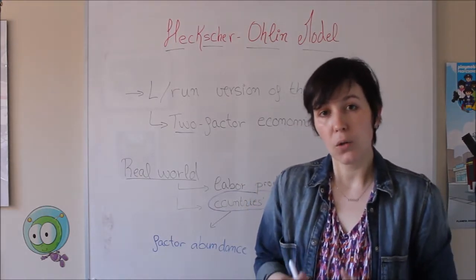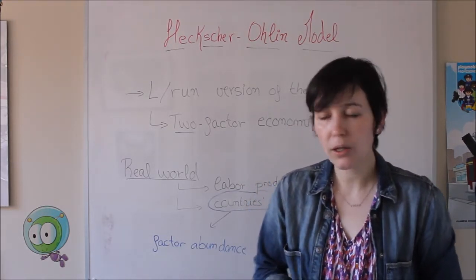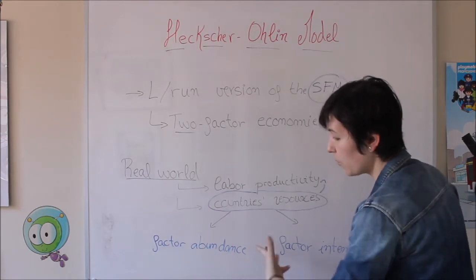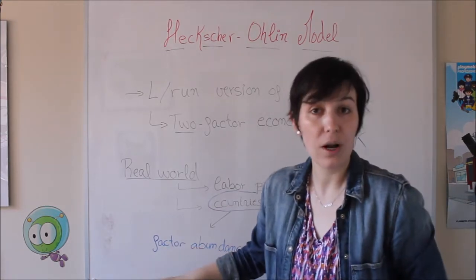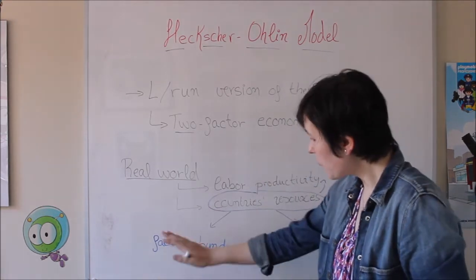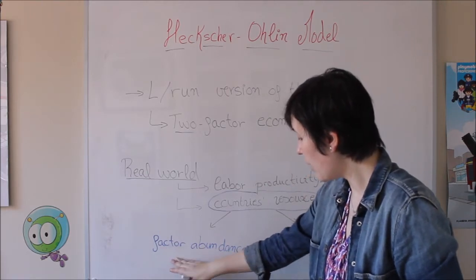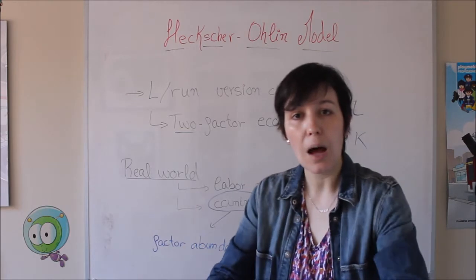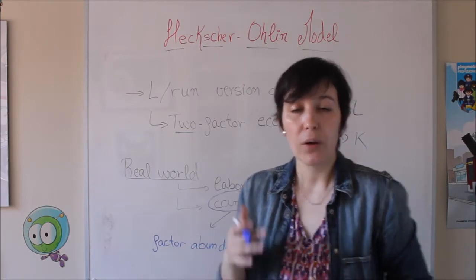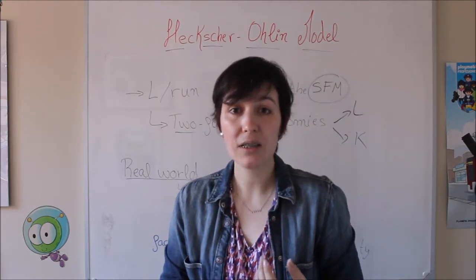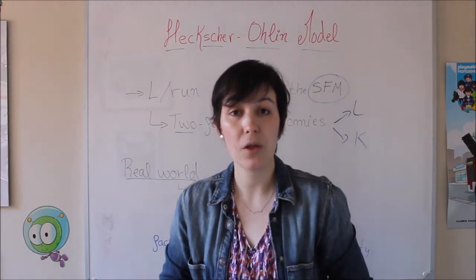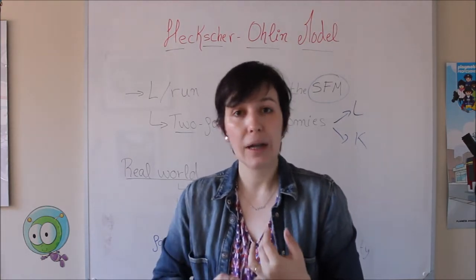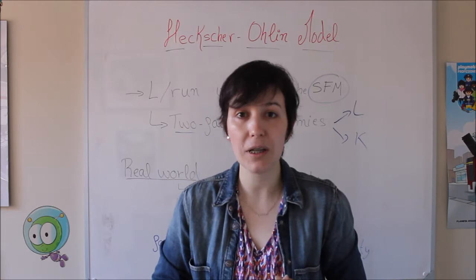In fact, we are going to use two concepts a lot. One of them is going to be abundance, always in relative terms. This is something about the countries. When we are talking about abundance here, we are talking about production factors. So how much labor you have and how much capital you have.